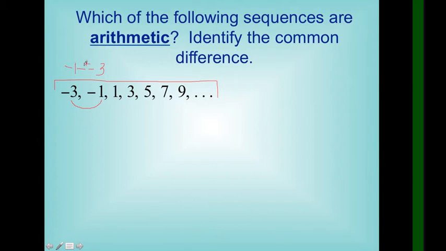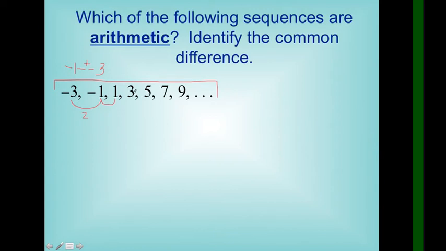Therefore, -1 plus 3 is +2. Then 1 minus -1, parehong negative, so magiging positive. So, 2 pa rin ang difference nila.